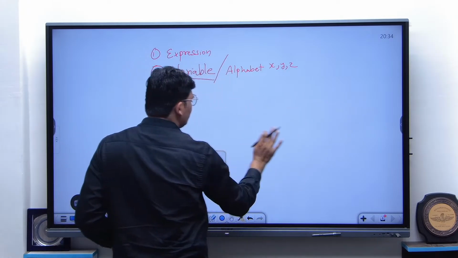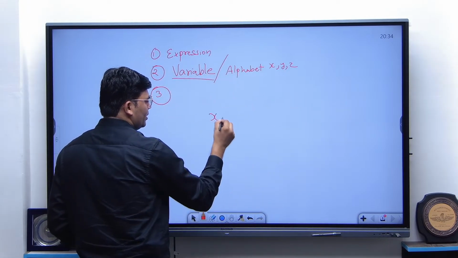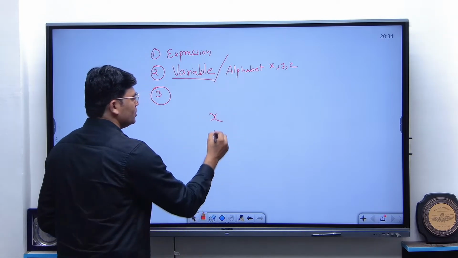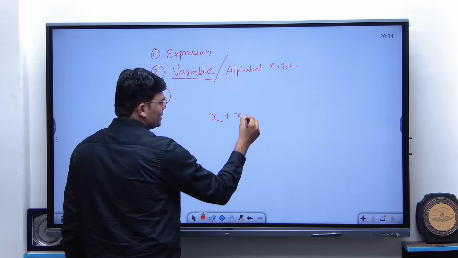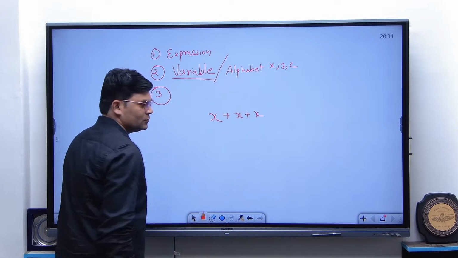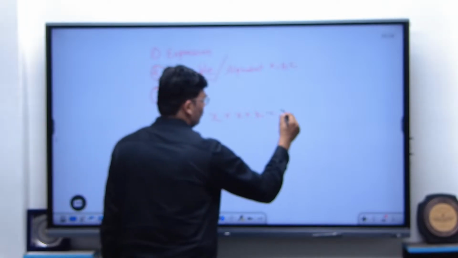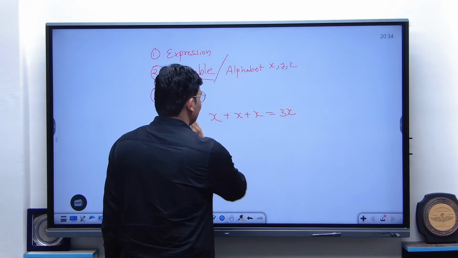Similarly, if I ask you to add your number 3 times, you will say, sir, x plus x plus x. Yes, wonderful. So we say it as 3x.